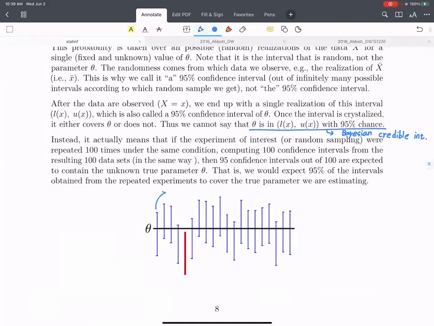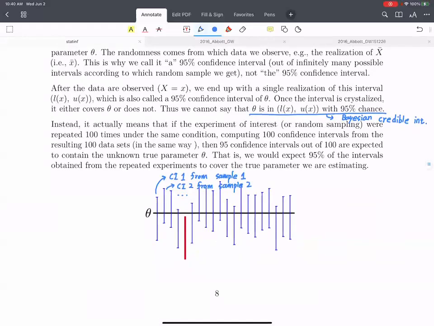So for the first data set, we calculate confidence interval 1 from data 1. And we calculate confidence interval 2 from another realization of the data, because we assume that we could repeat the data generation process, and so on until confidence interval 20.